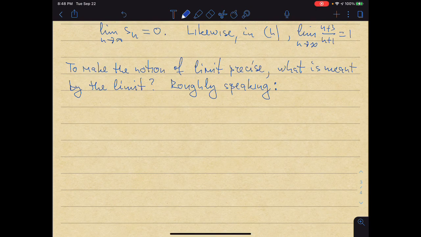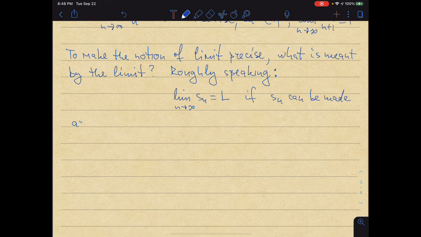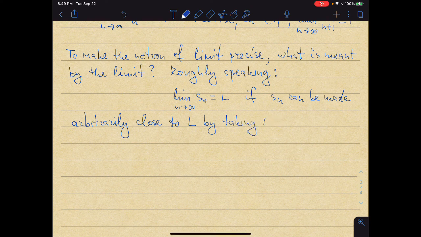The limit as n goes to infinity of Sn equals L if Sn can be made arbitrarily close to L by taking n sufficiently large.